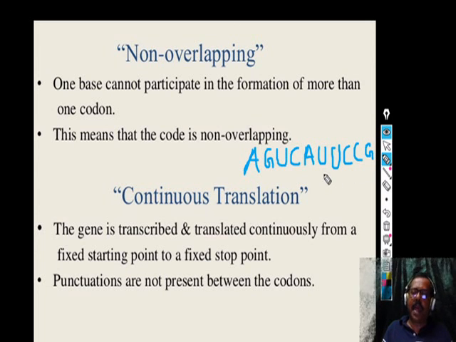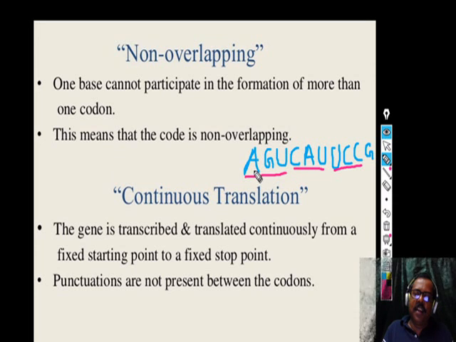Now here you can see that this is one codon, this is another codon, this is another codon, and this is not a codon because it contains a single base.